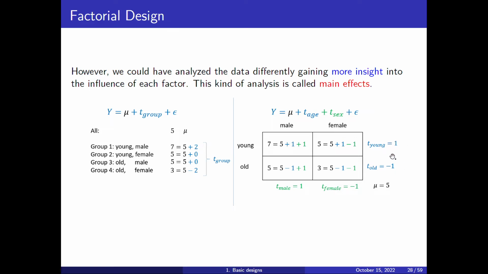The same happens for young and old, and then these two zeros that we saw in this group are because the extra +1 of young cancels with the extra -1 of females, and the same for old and males. So now you see that not all the groups are the same, and you also know why. You know the contribution of each one of the factors.